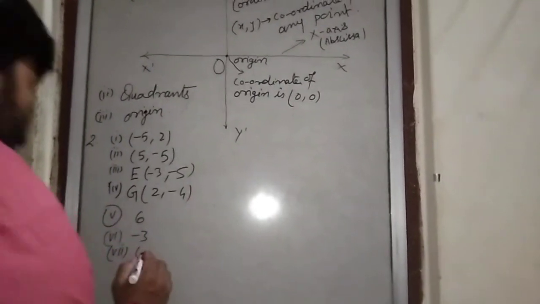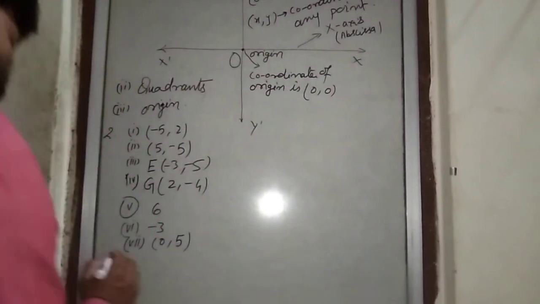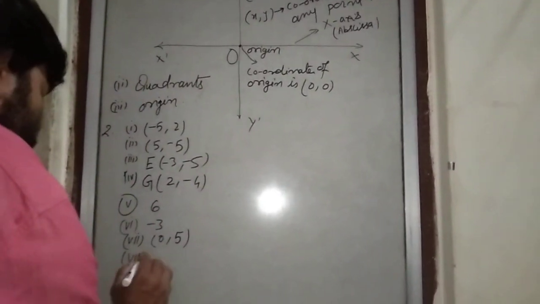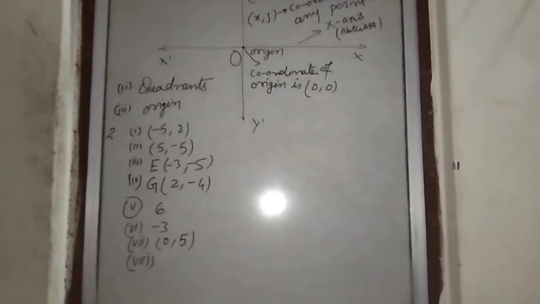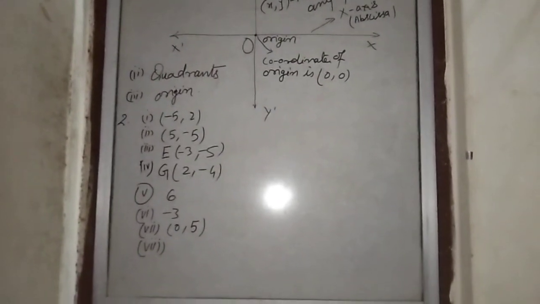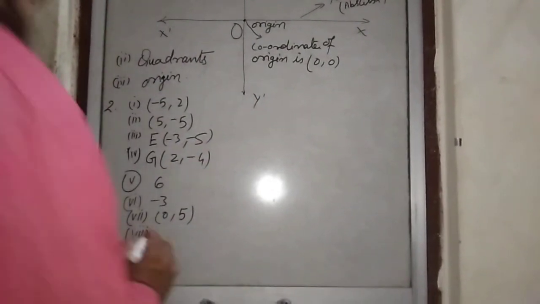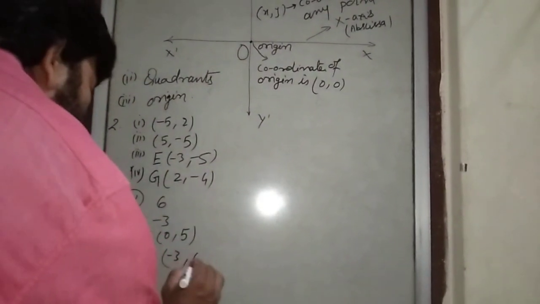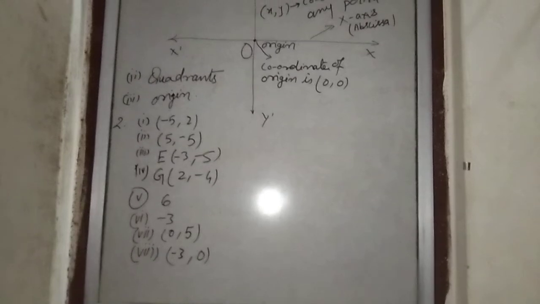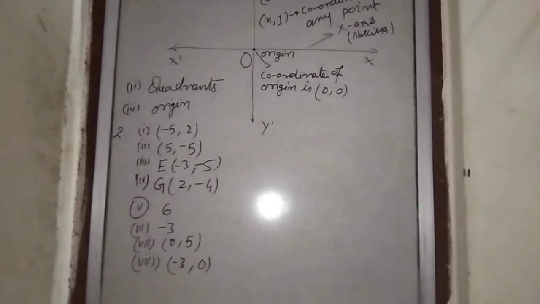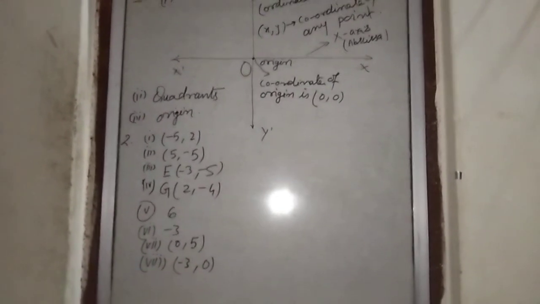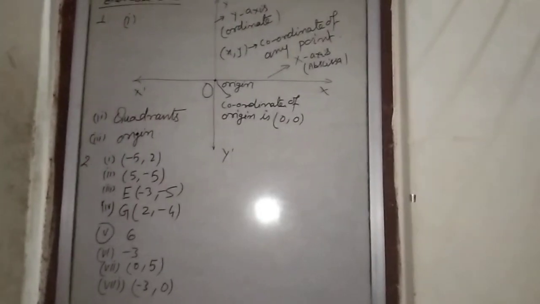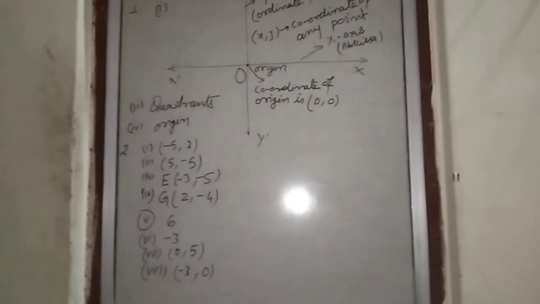Then on the y-axis, the value of x will be 0 and the value of y is 5 for L. Now the eighth part of this question, the coordinate of point M, which lies on the x-axis, is (-3, 0), because if any point lies on the x-axis, then the ordinate will be 0, and if it lies on the y-axis, then the abscissa will be 0.